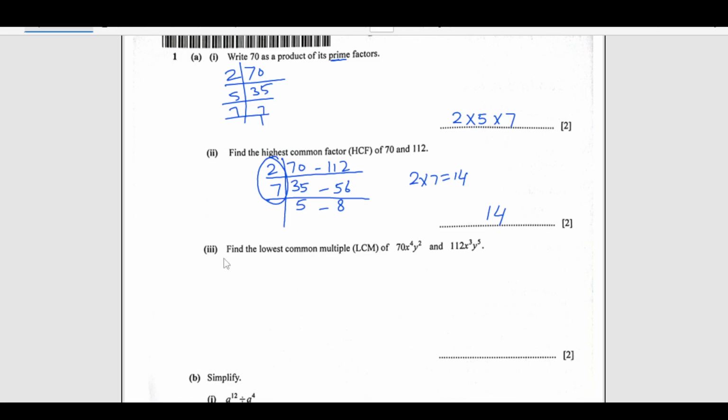You can get the LCM of 70 and 112. Okay, so first of all we will take the LCM of 70 and 112.